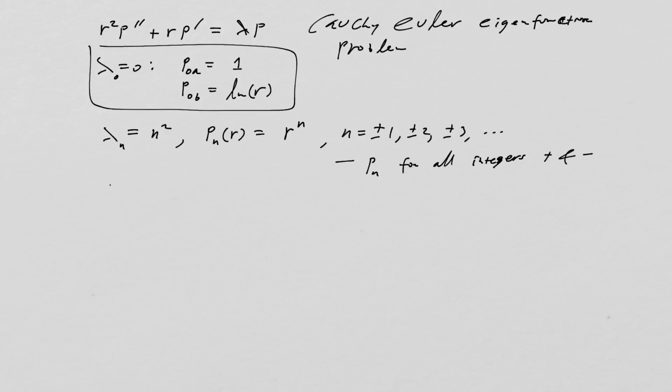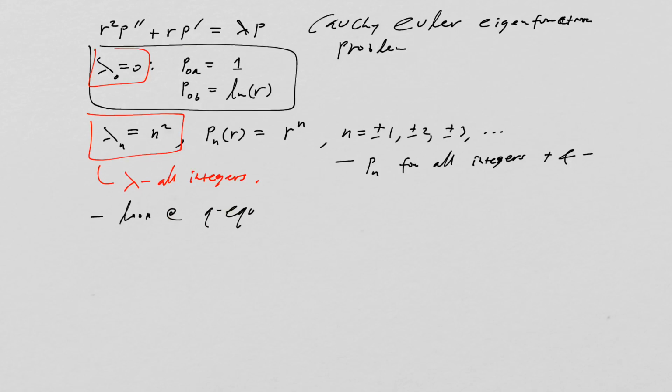So our general solution, well, before we get to the general solution, what we have here are now the eigenvalues, right? We basically have lambda is all integers. So now let's go look at the Q equation.